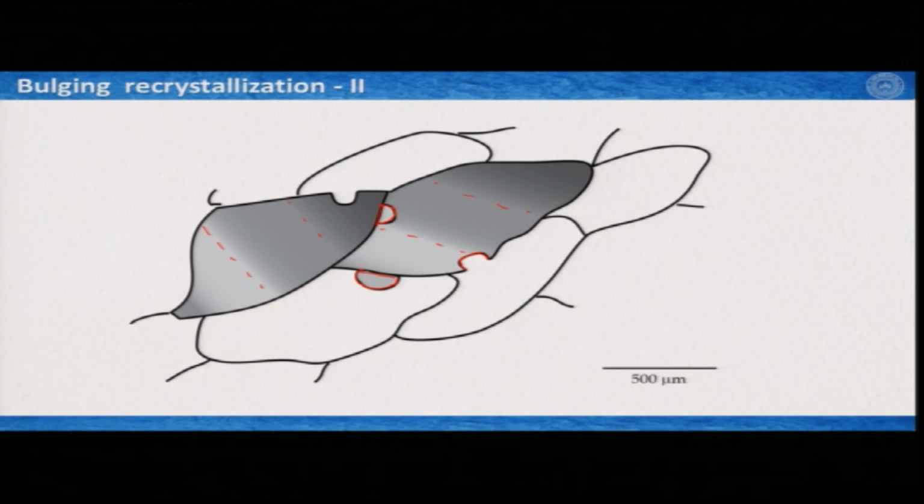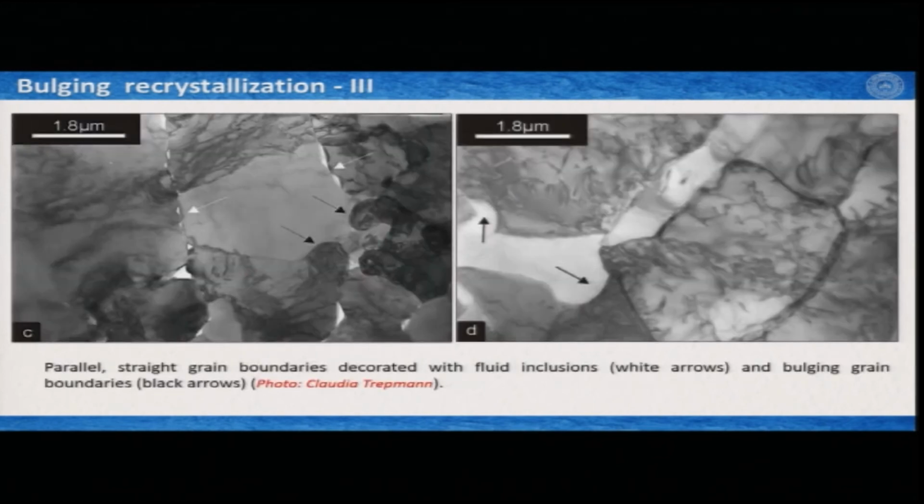Now, how does it look when we see a real thin section? Let us have a look here. These things you generally see in optical microscopes, but it is better visible in TEM. Here are two fantastic images. I think this is the first time in this lecture you are seeing TEM images with some dislocations.